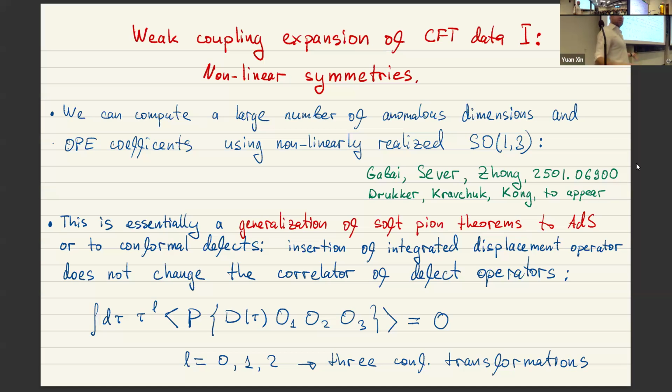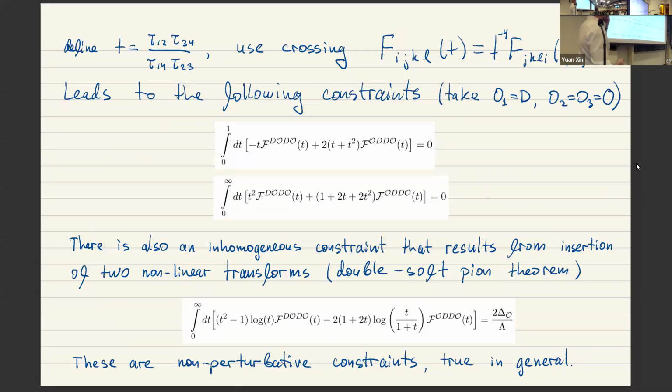That's the usual logic behind soft pion theorems. I act with my transformation, and the correlation function basically doesn't change. Now, you do some machinery, you use linearized conformal symmetry, use crossing, etc. You define these kinds of integrated constraints. So these are constraints on 4-point functions of, in this case, the displacement operator, okay?